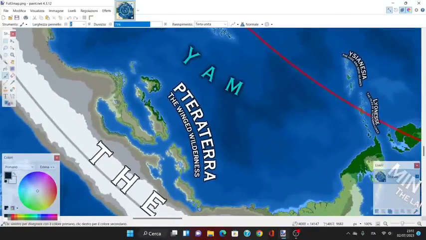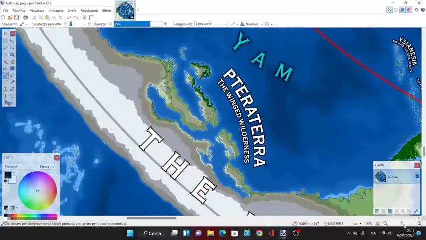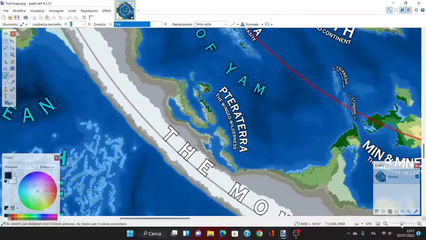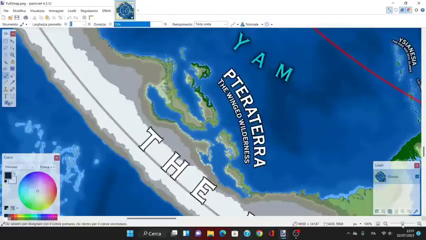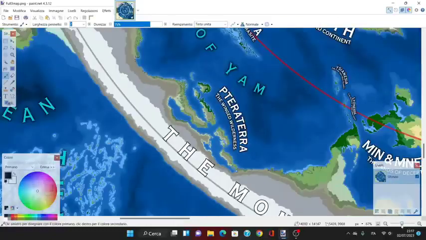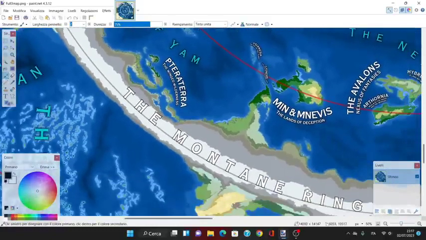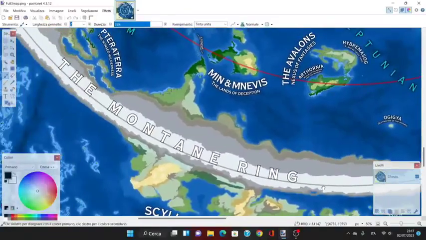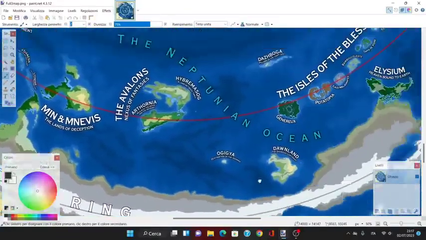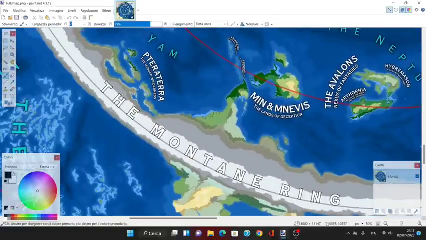And Ptera Terra was in fact originally, in the map we focused on last time, basically kind of an island chain or something like that, but as you can see here, it is part of the second ice walls, which by the way are called the Montane Ring. I'm not really sure how to pronounce this, honestly.